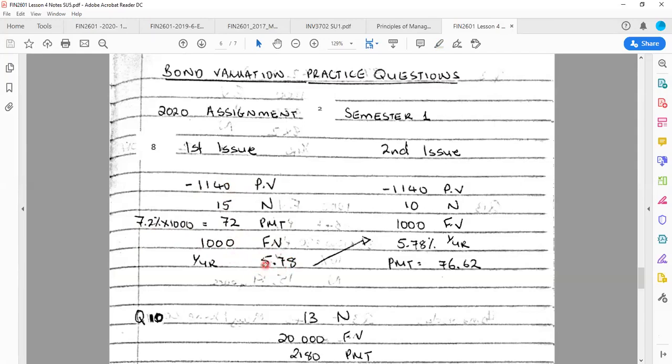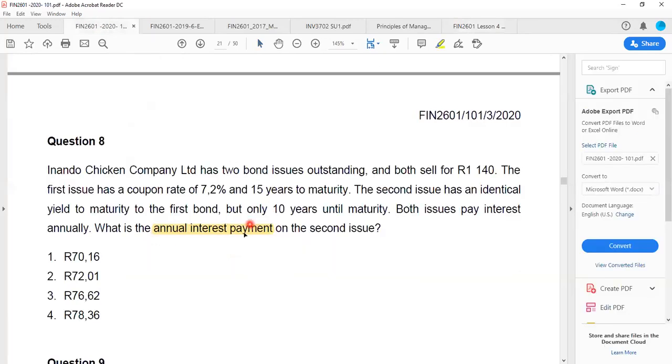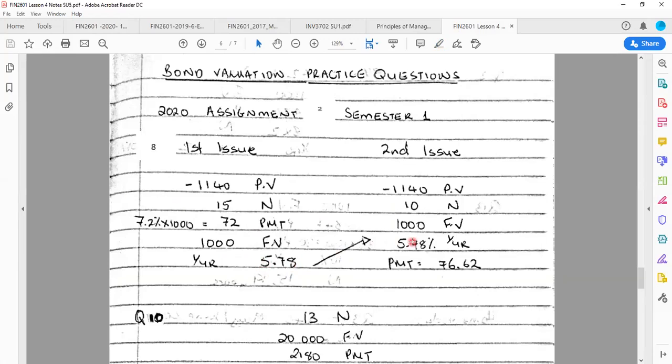And then we've been told that both bonds have the same yield to maturity, so we can take this yield to maturity of the first bond and use it as the yield to maturity of the second bond. Then we input these items into our calculator and we get a PMT of 76.2.